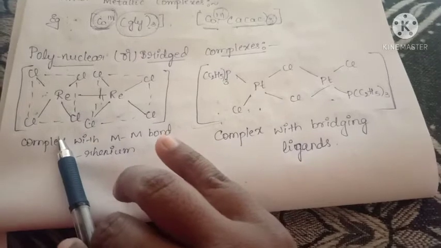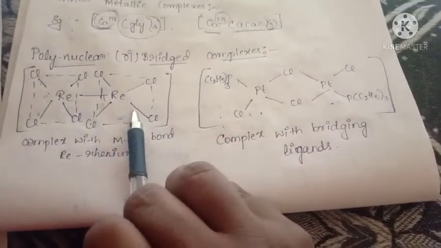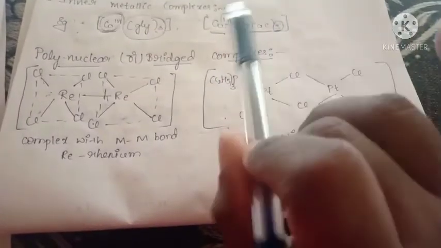These are the two possibilities to form bridged complexes: metal-to-metal bonding, or a complex with bridging ligands. These are about the polynuclear or bridged complexes.